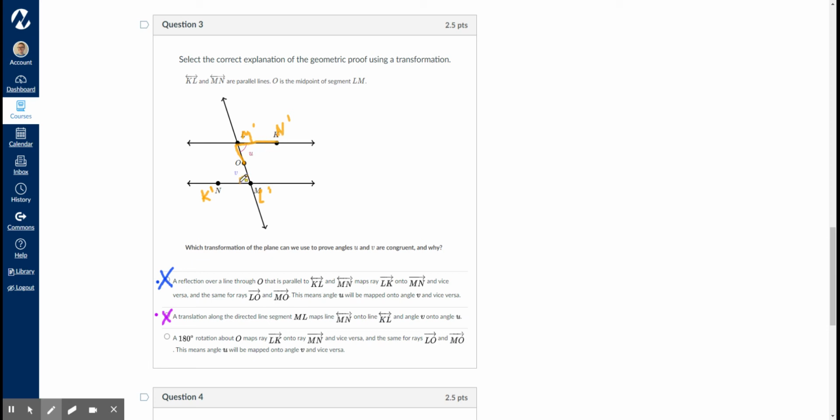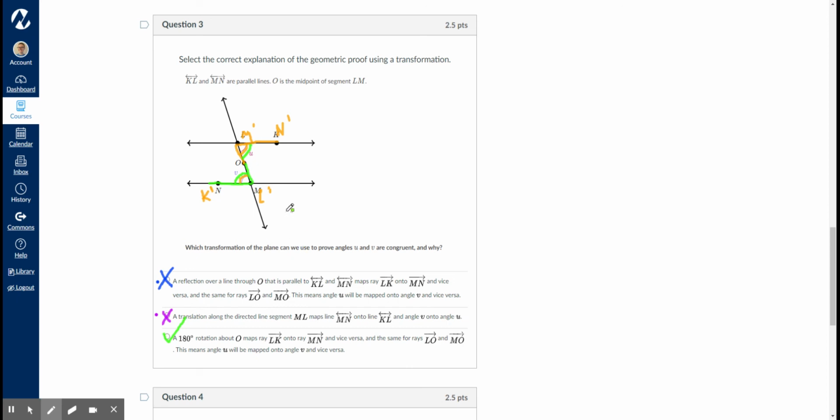So what used to be angle V is now where angle U is. That's good. We want that because we want our angles to map to each other. And what used to be OLK is now OL prime K prime, so what used to be angle U has mapped to where angle V is. So this looks like our correct answer on this one.